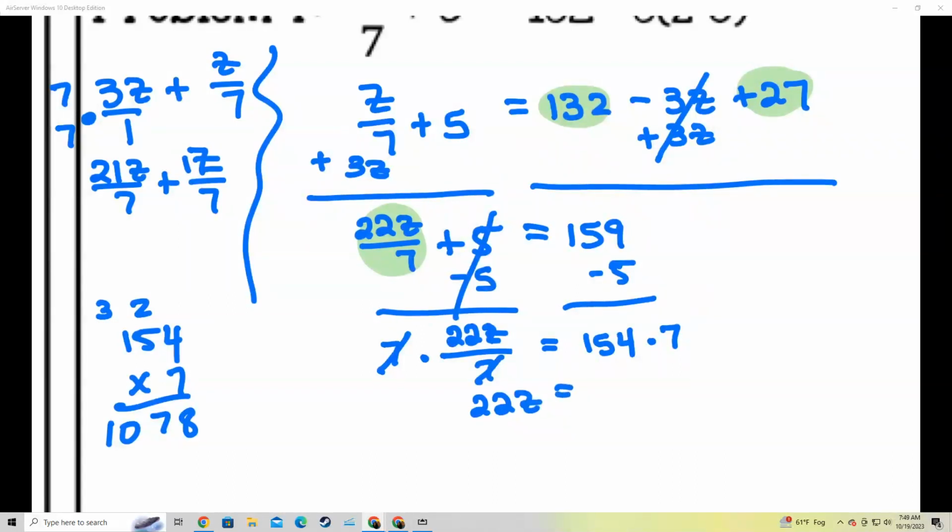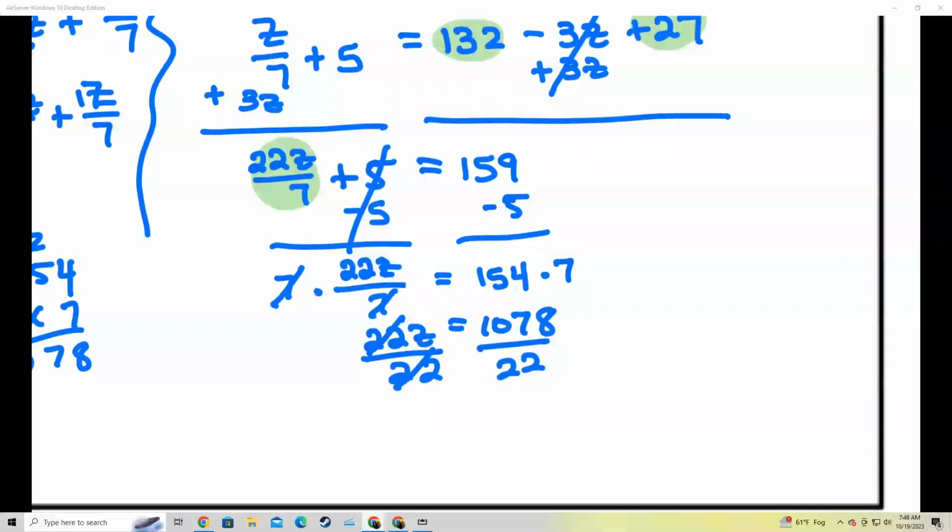22z is equal to 1,078. Last step is to divide both sides by 22. These are going to cancel. 1,078 divided by 22. I think I can do 5. Nope, I'm going to have to only do 4. 4 times 22 is 88.